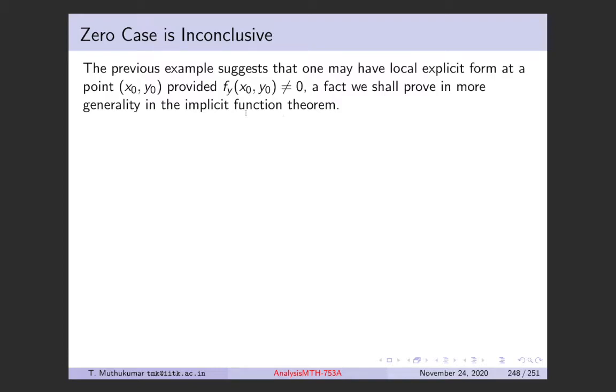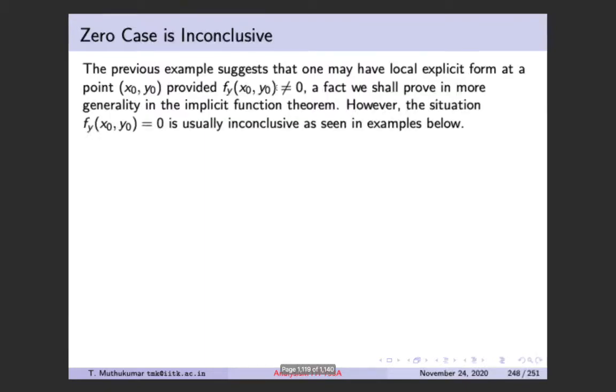So something that we will prove later: we may have a local explicit form whenever this is non-zero, but whenever it is zero, the thing is actually inconclusive. One cannot conclude that it exists or does not exist. Both can happen.